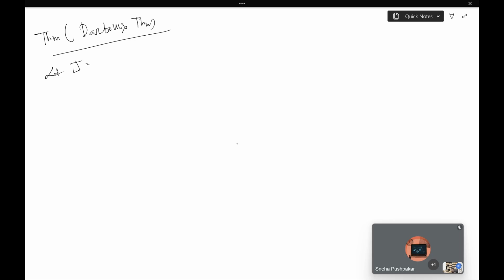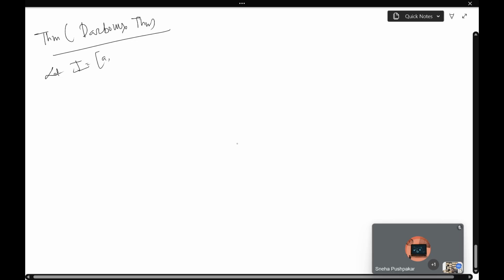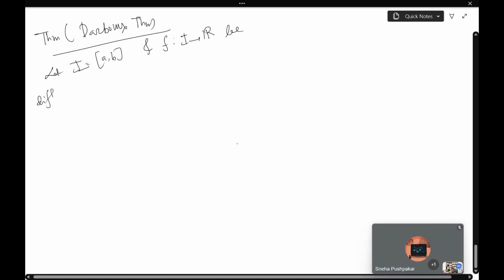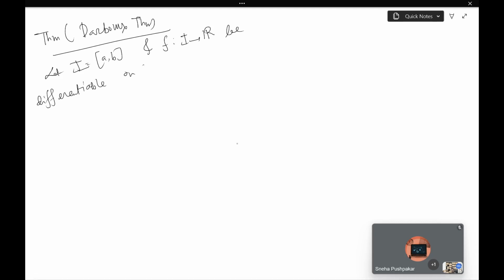Let I be a closed interval [a, b], and f from I to R differentiable, and assume f'(a) is not equal to f'(b).